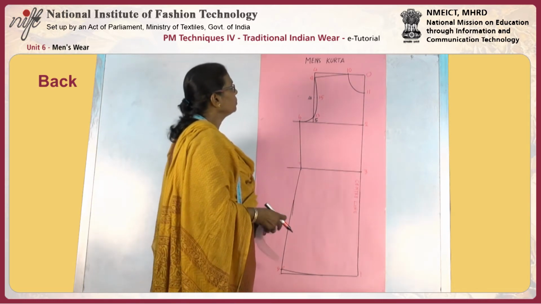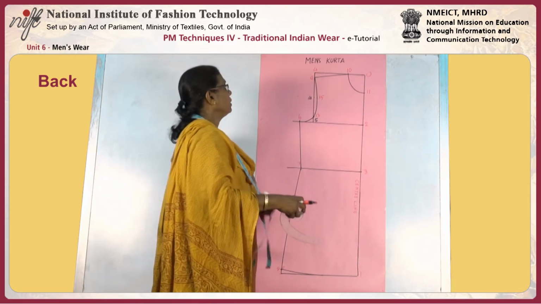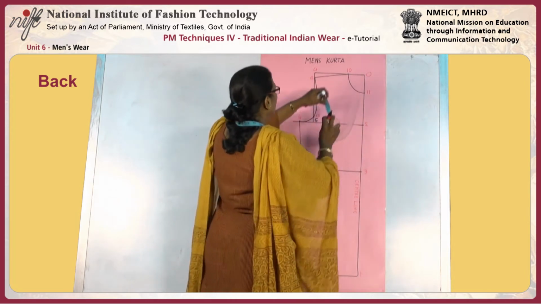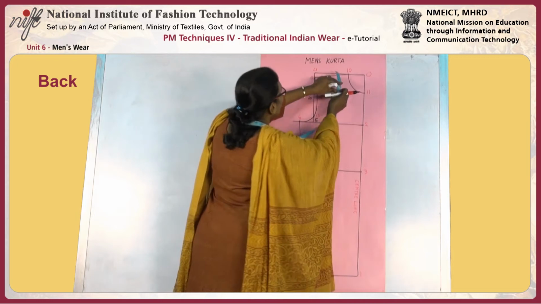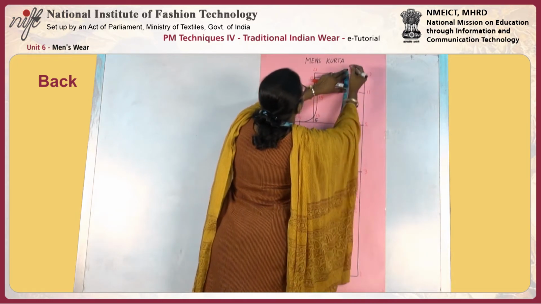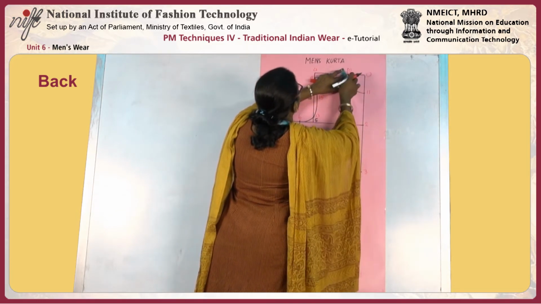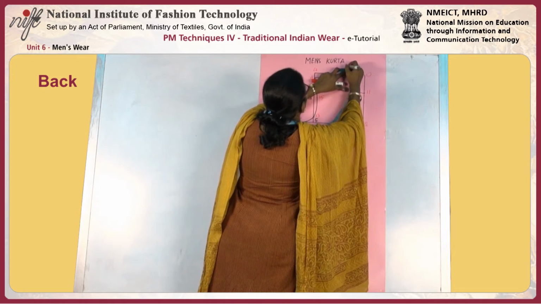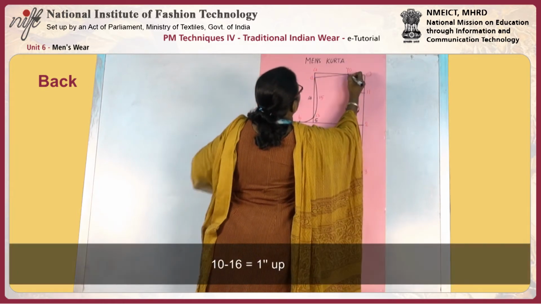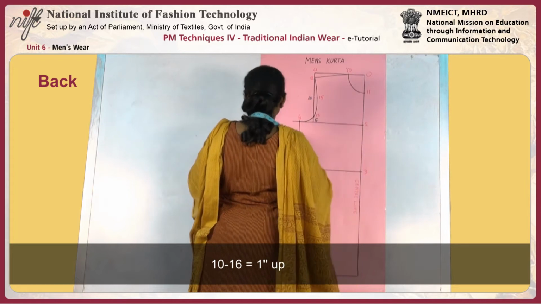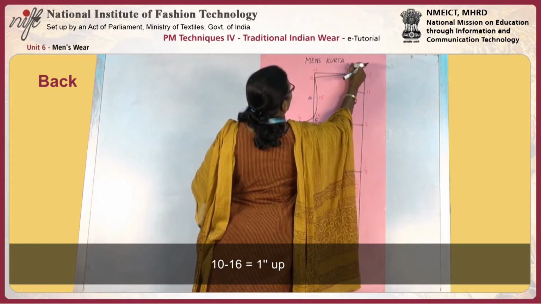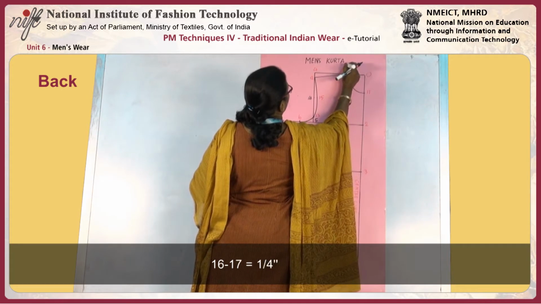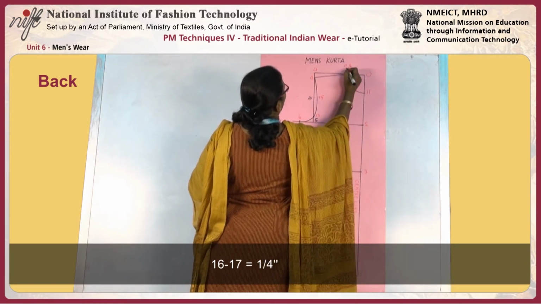Then we need to do the back. First go up by 1 inch and then mark 1/4 inch inside. So 10 to 16 is 1 inch up and 16 to 17 is 1/4 inch.